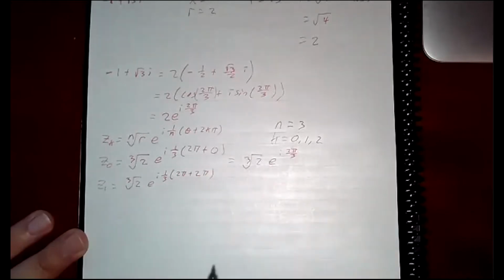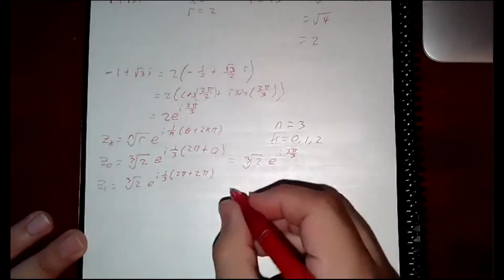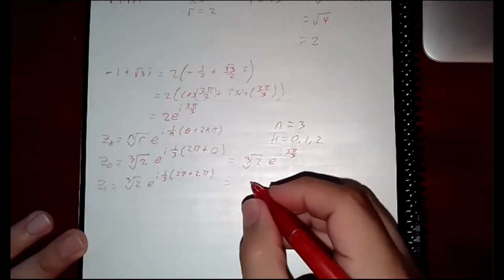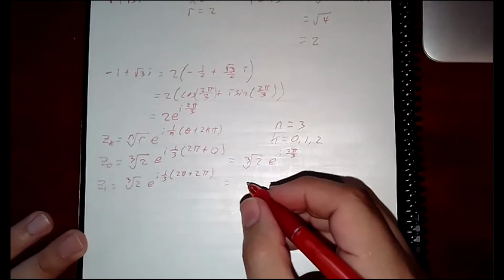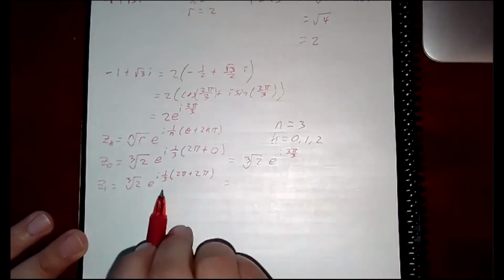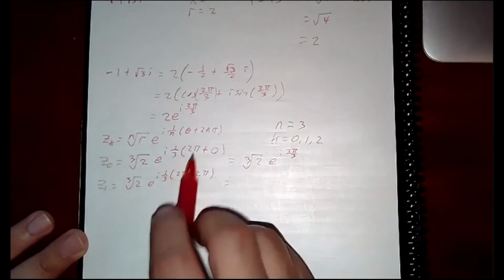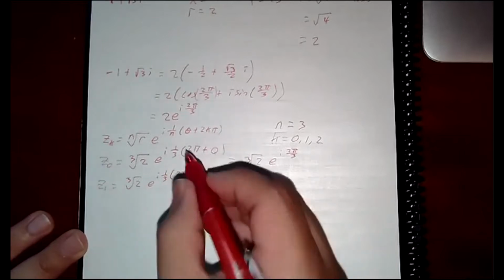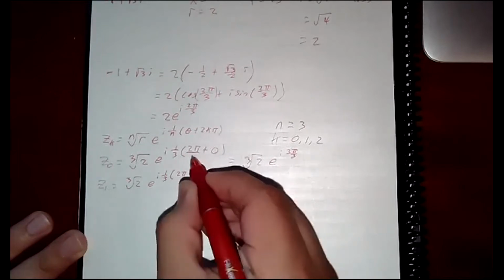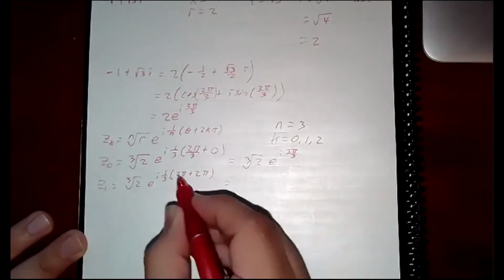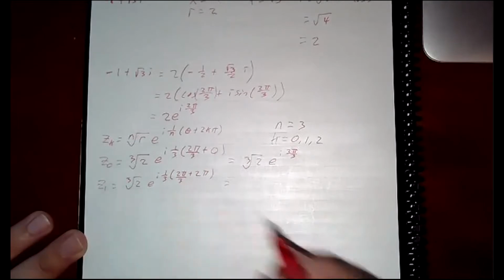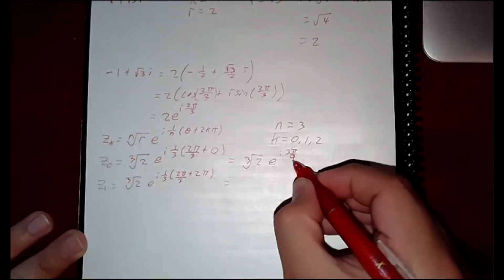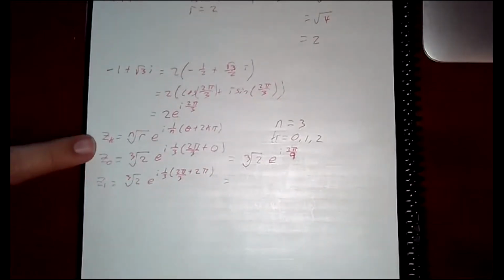Yeah, this k would be 1. So you've got to cycle from 0 to 2.